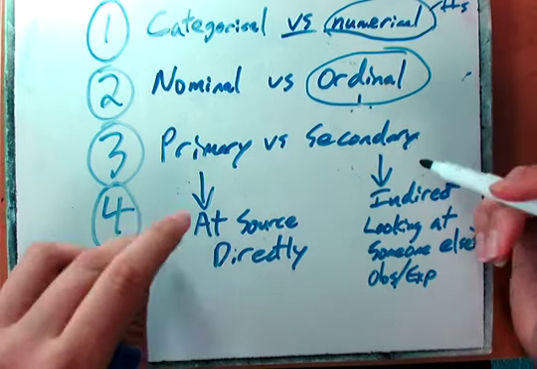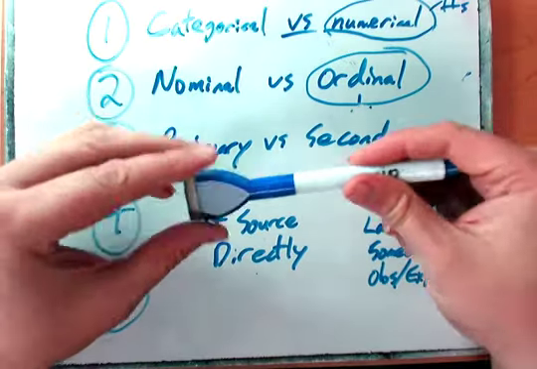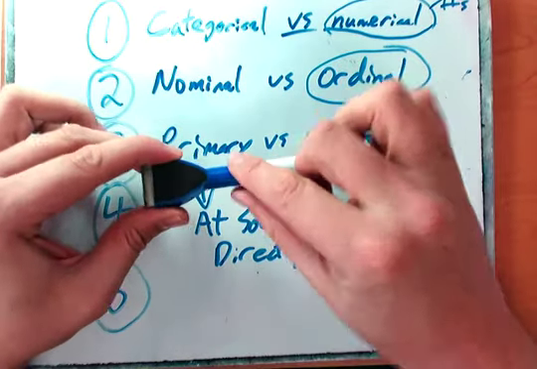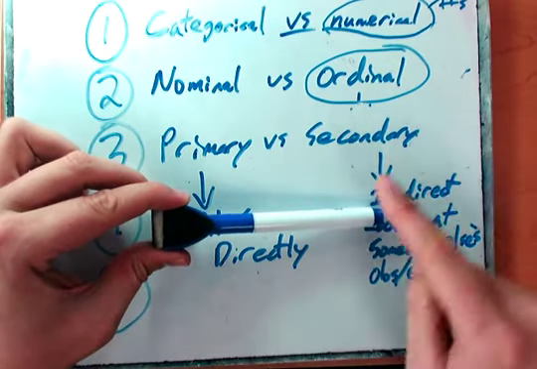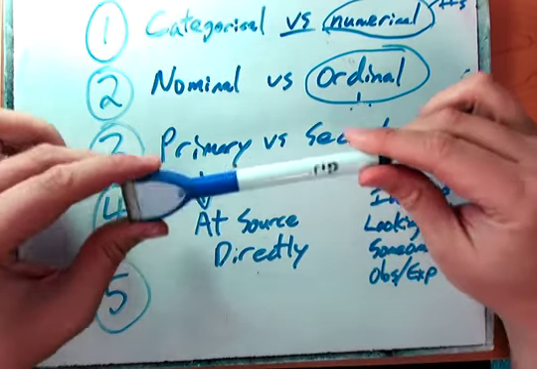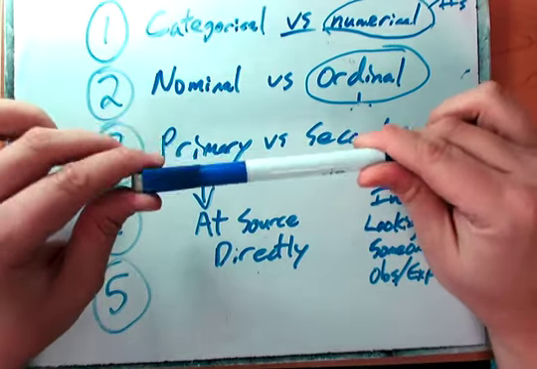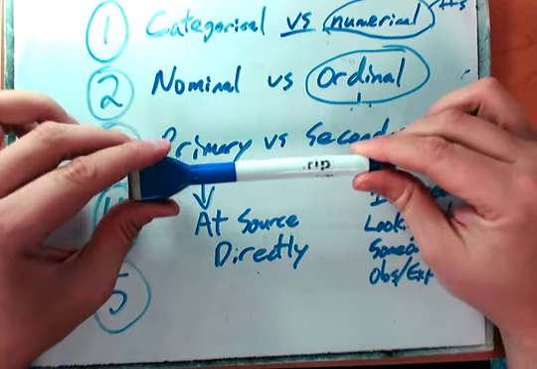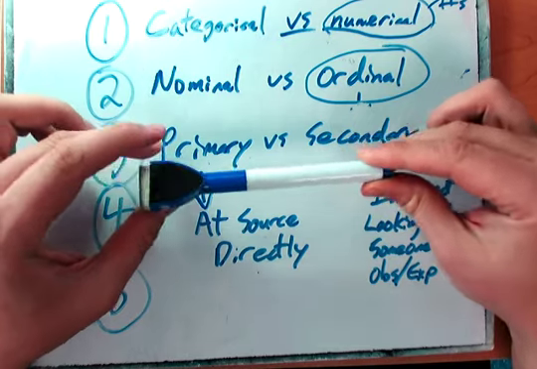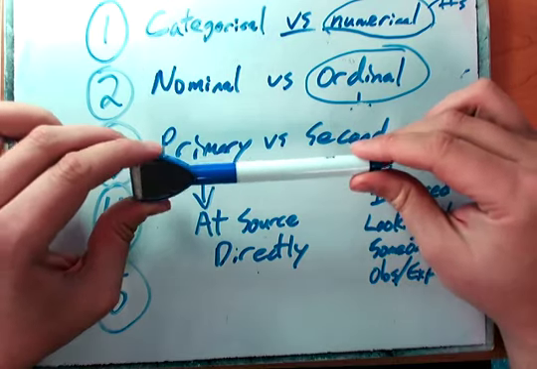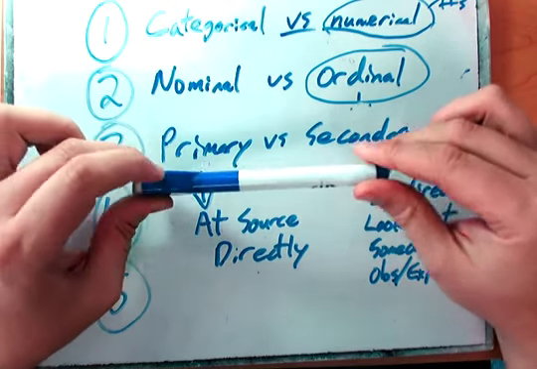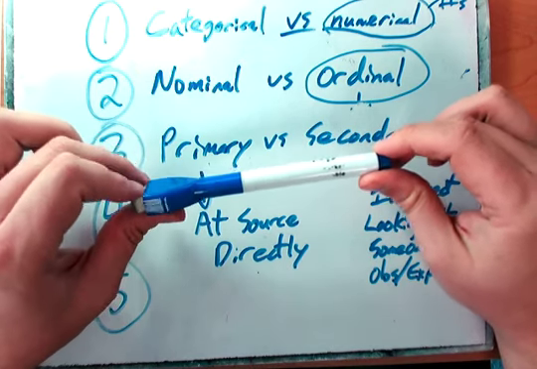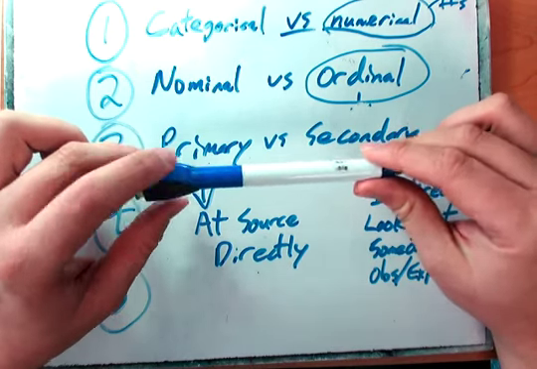What do I mean by that? At source is like you're doing something. I've got this pen. I'm going to look at this pen. I'm touching this pen. I'm taking the color of that pen. That's all primary. Secondary would be me writing out a list of observations that I have about this pen, and then someone inferring data about me based on my observations. Mike is kind of creative. Mike could only list out 10 things.